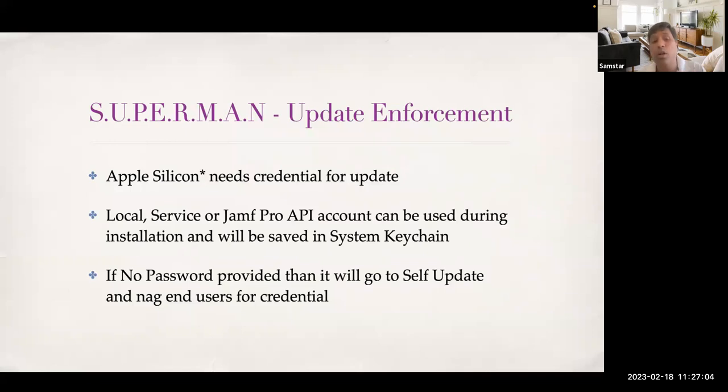Point to note here is that all these account credentials will be saved in the system keychain. And if your end users are admin users, they can go to the system keychain and see this account ID and password. And if you don't provide the local account ID and password, or service account, or Jamf Pro API account password, then Superman will treat this as a self update, and after the deadline, Superman will enforce by nagging the end user.